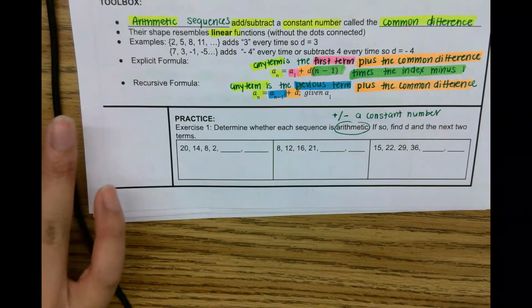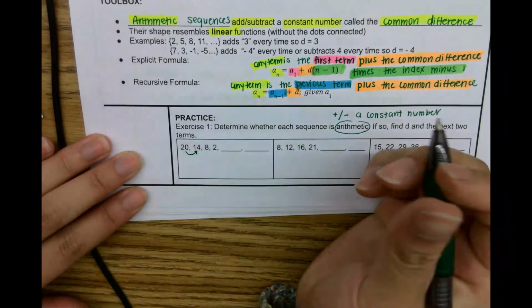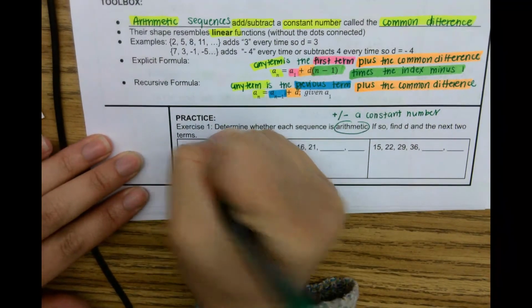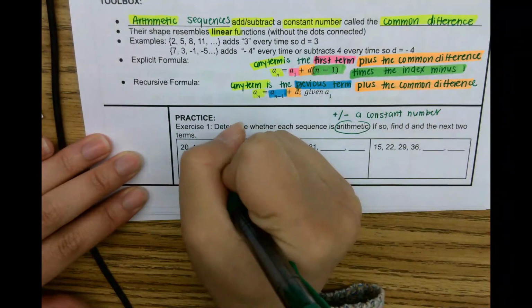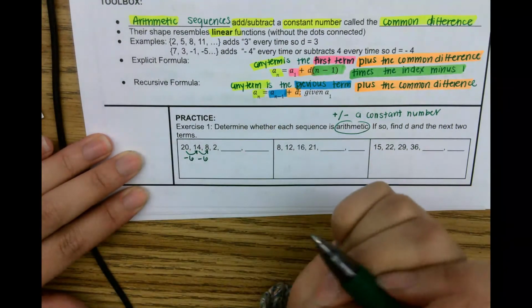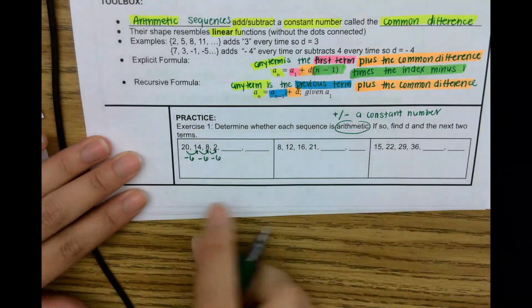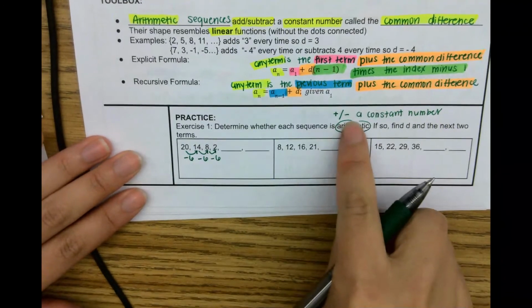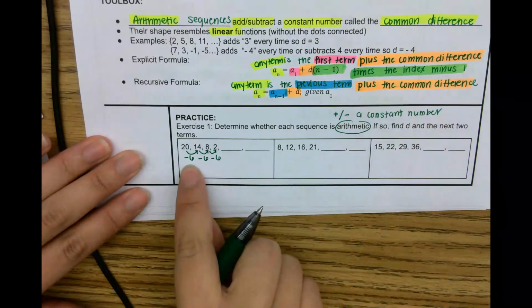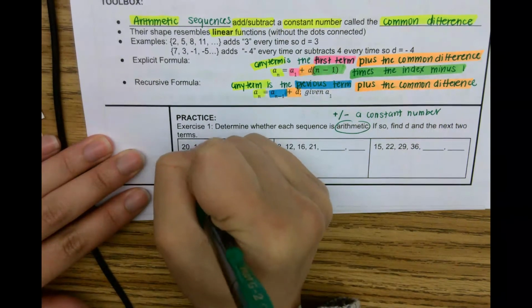Okay, so let's see here. Okay, so 20 to 14, what happened? I subtracted 6. Okay. 14 to 8, what happened? I subtracted 6. Okay, 8 to 2, what happened? I subtracted 6. Am I adding or subtracting a constant number? Yes, I am. Each time I am subtracting 6, so that means this is arithmetic.